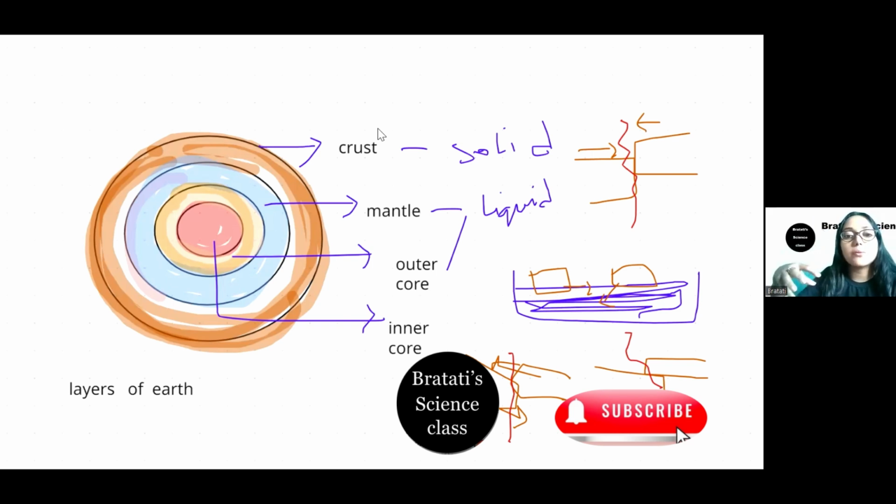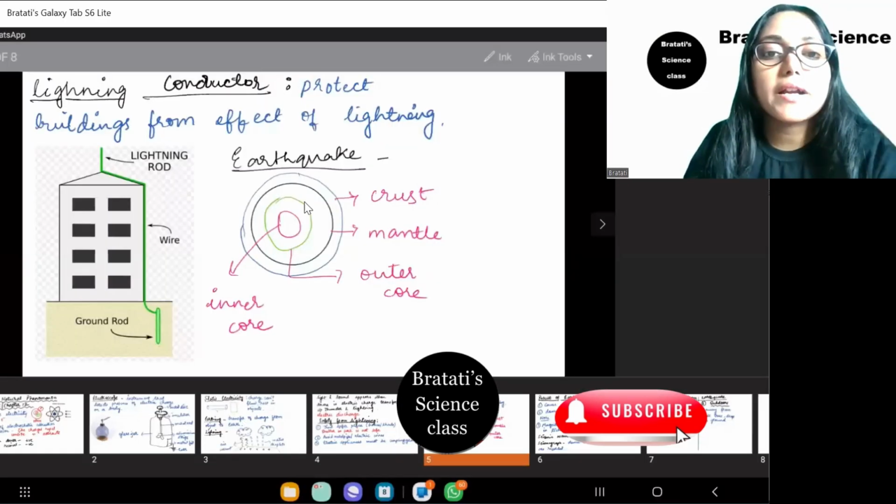The solid on the liquid, the solid tectonic plates will be dashing to each other because they are not fixed, they are moving towards each other or away, and they may cause this earthquake. This is the reason for earthquake. Here, this part is clear.